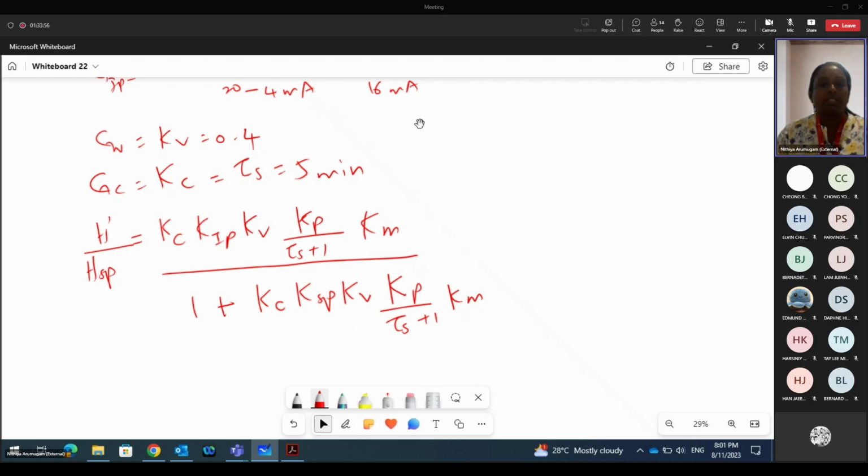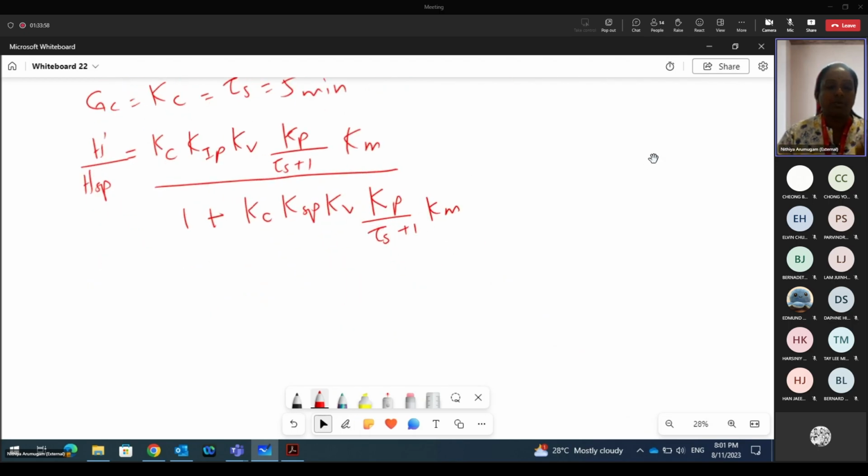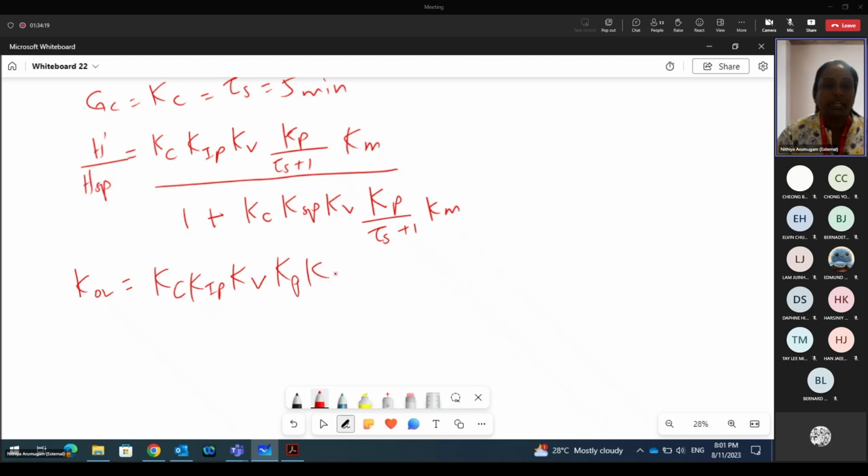Since this is a set point change, we consider this as the open loop gain. From here we can express the open loop gain as Kc, Kip, Kv, Kp, and Km.